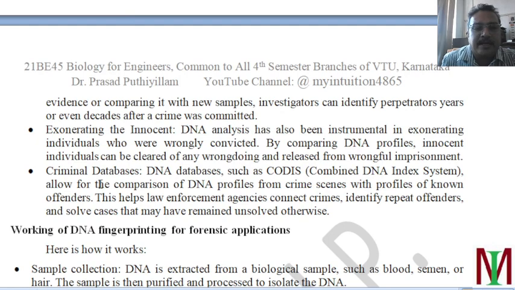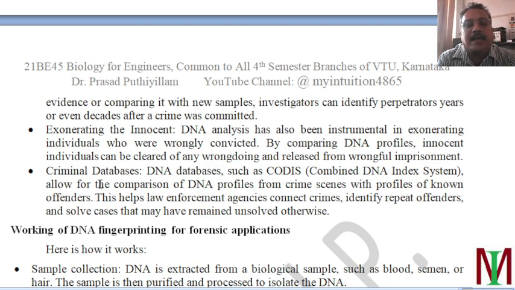Okay, exonerating the innocent. It means if some persons may be alleged wrongly, or given conviction wrongly, they are identified as a prisoner, but he has not actually done that. So it can be proved by DNA analysis. Therefore innocent people can be saved.